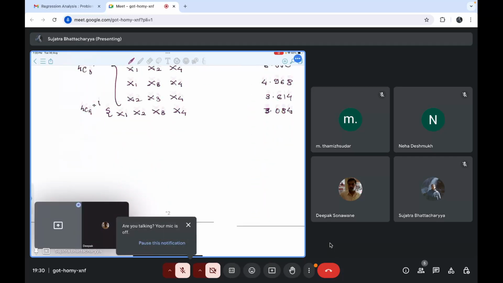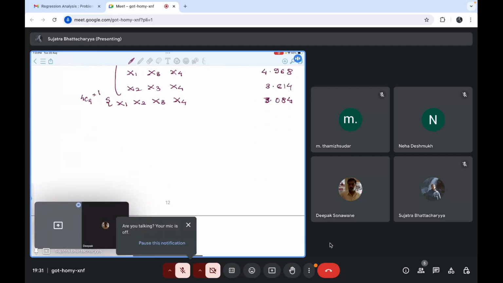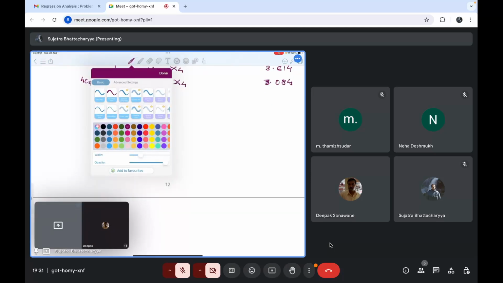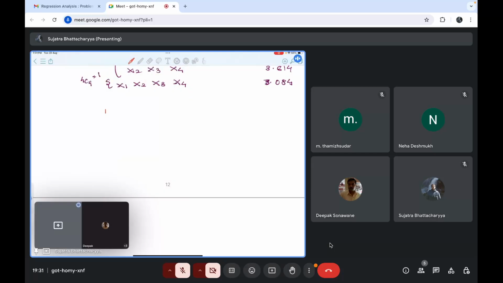Now, questions. Let us quickly do the questions. The first question is you have to calculate the Mallows statistic. So it's a good revision.